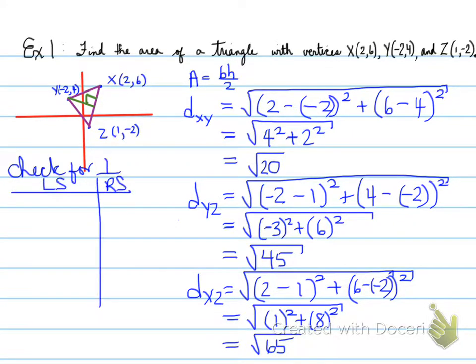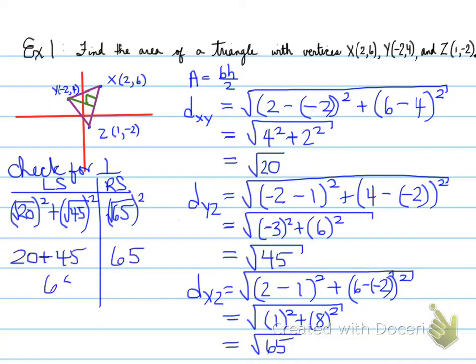We're checking for perpendicular. Root 20 squared plus root 45 squared, we're checking to see if it's equal to root 65 squared. And lo and behold, folks, left side equals right side. So we have found out that the triangle has a right angle between XY and YZ, because the two smaller sides combine to make up the third side.